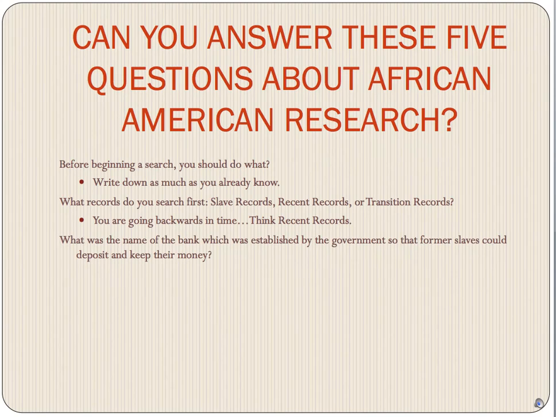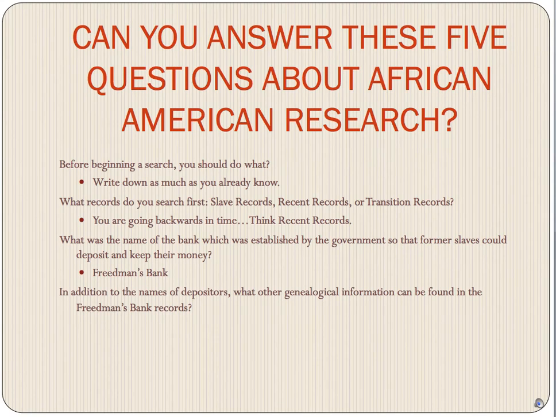What was the name of the bank which was established by the government so that former slaves could deposit and keep their money? Yep, that would be the Freedman's Bank. In addition to the names of depositors, what other genealogical information can be found in the Freedman's Bank records?